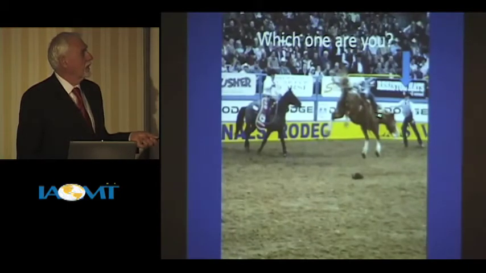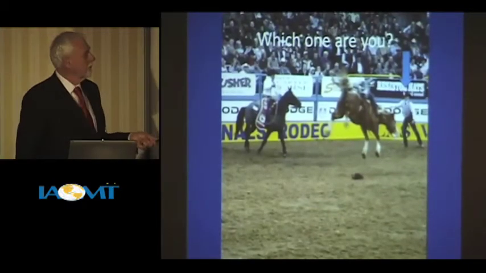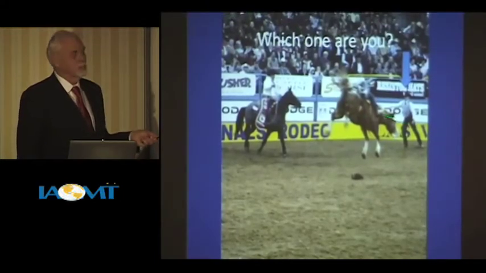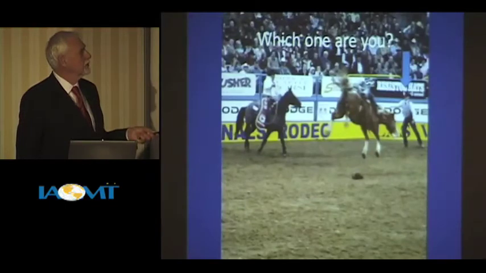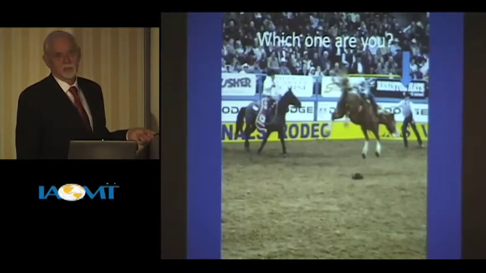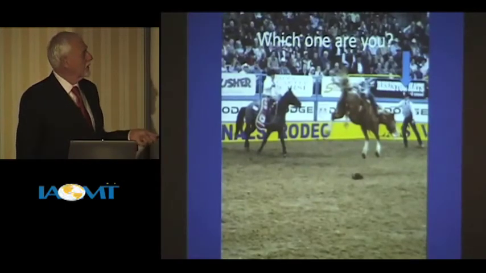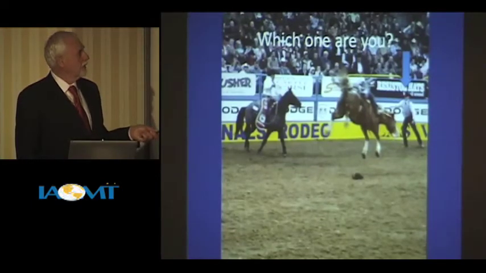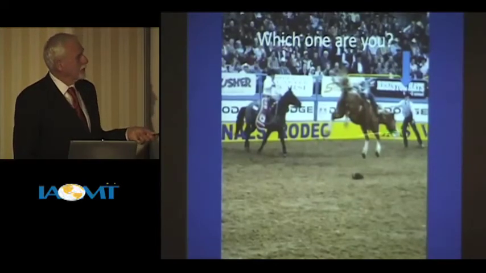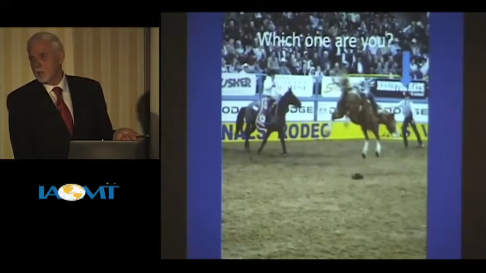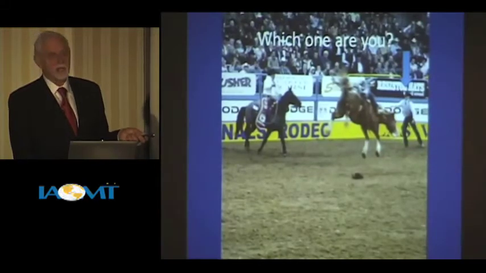Here we go. Let's just pretend for a second that this horse is the root canal, and let's pretend that this person here is the patient. The guy here is the pickup rider. If this guy makes it 8 seconds, then the pickup rider comes along and helps him try to get off of that bucking horse safely.